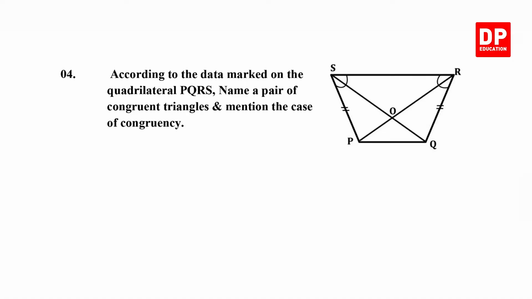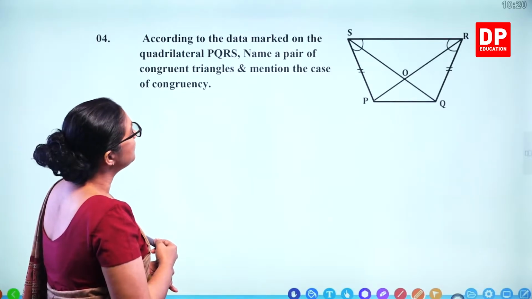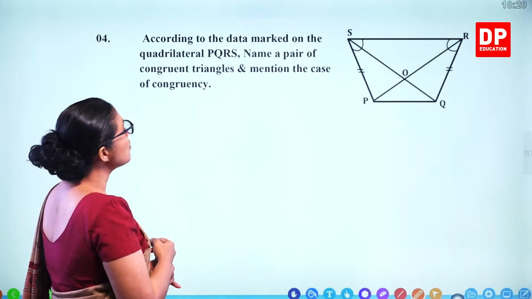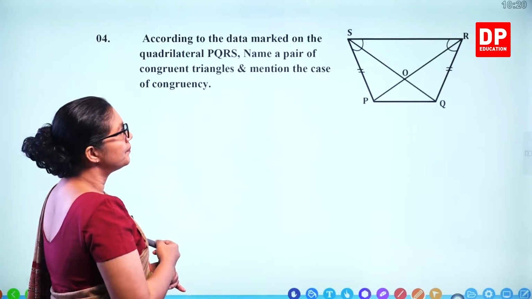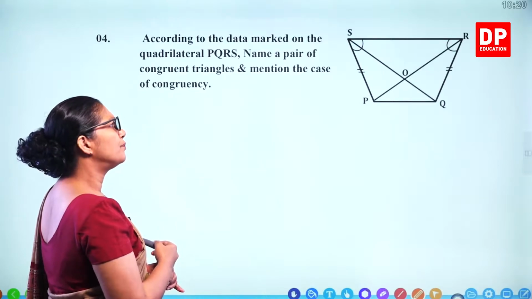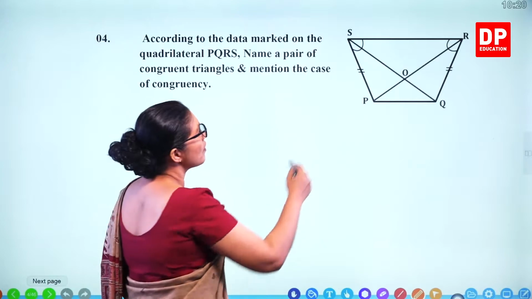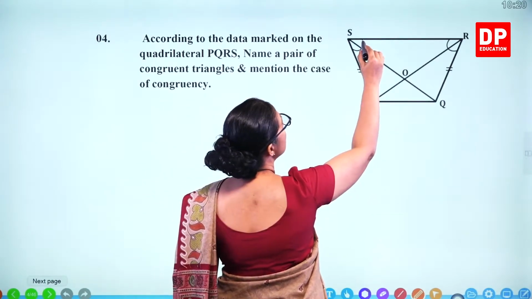Question number 4. According to the data marked on the quadrilateral PQRS, name a pair of congruent triangles and mention the case of congruency. Look carefully. What can you say? This length and this angle included.